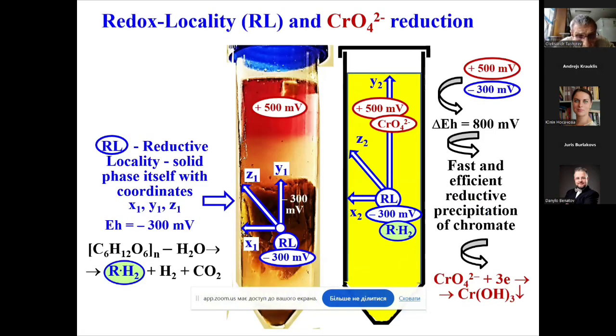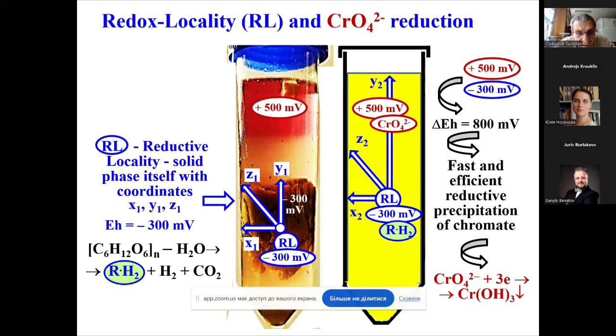And here one can see the illustration of forming of the redox locality and redox gradient in the tube. In the middle of this tube, one can see the solid phase that consists of the solid waste and metabolically active microorganism.